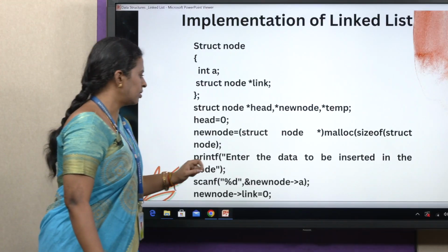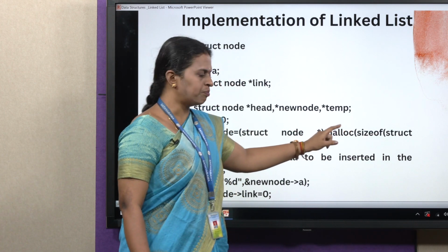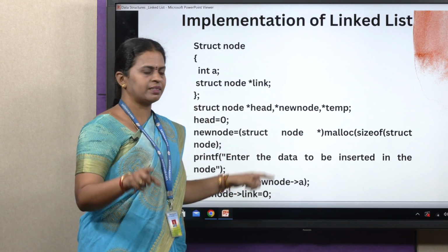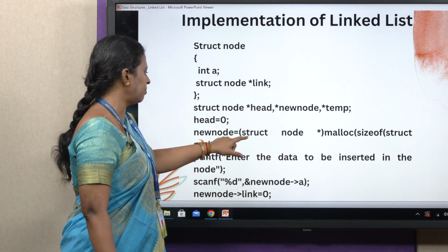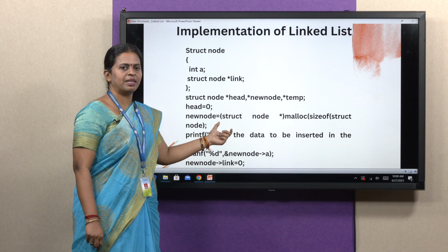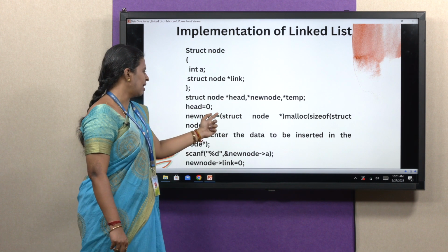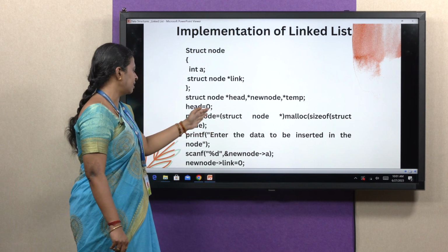So malloc of sizeof struct node will return 8 bytes. It gives an 8 byte allocation in memory, and here we have struct node *, which is used for typecasting. That is a major thing: we use struct node * typecasting, and we store this value in the new node.